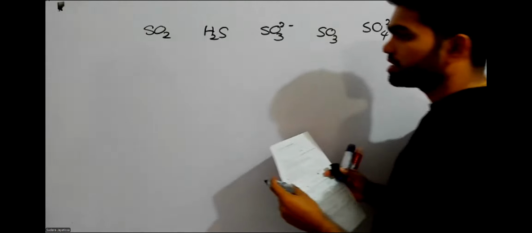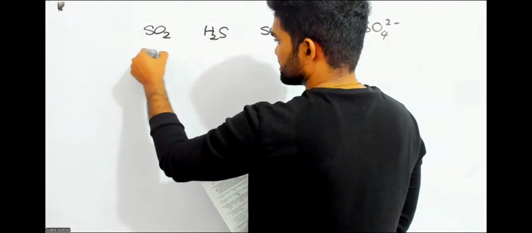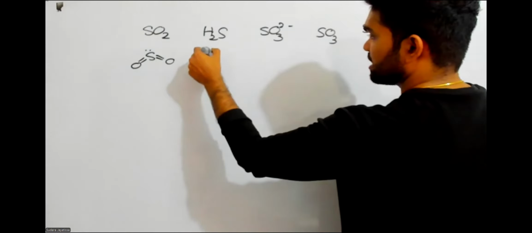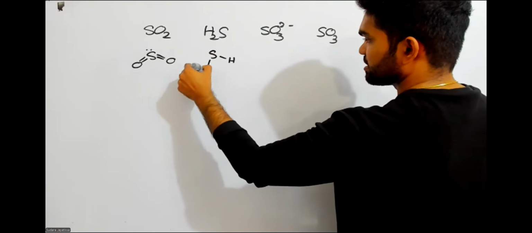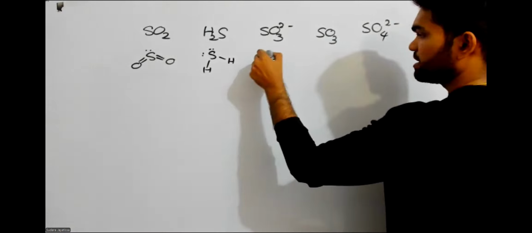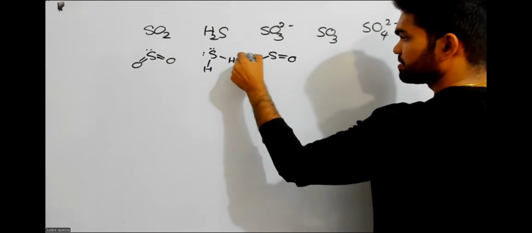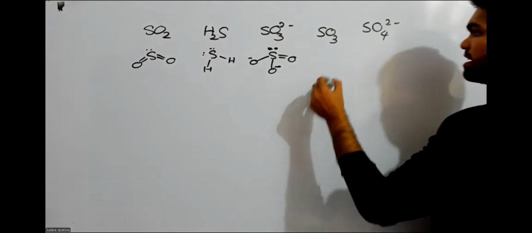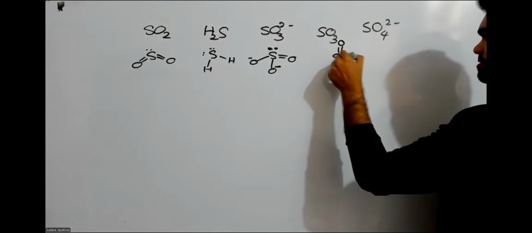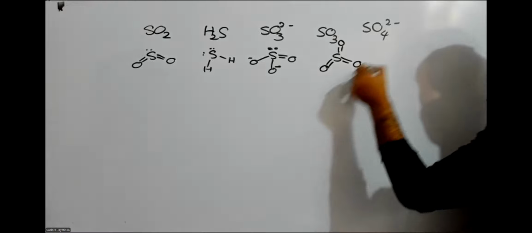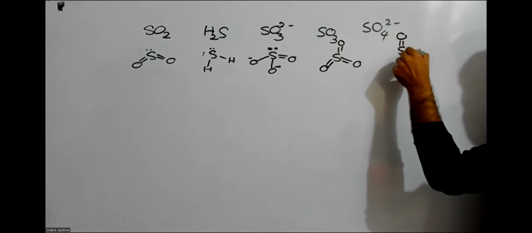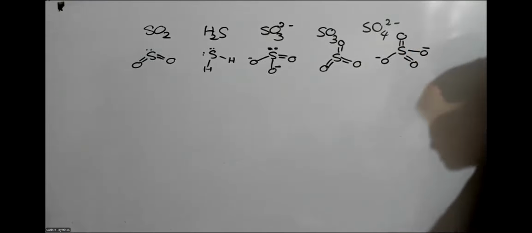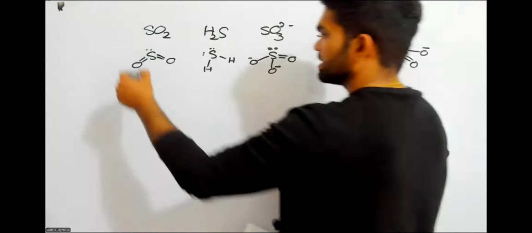These are the ions and molecules. So let's get their bond structures. H2S is like this, SO3 2 minus like this, and SO3, and SO4 2 minus. Okay, and then get the s character.